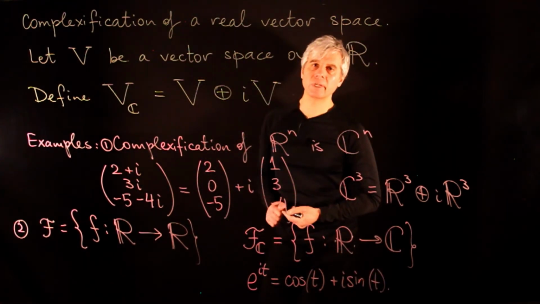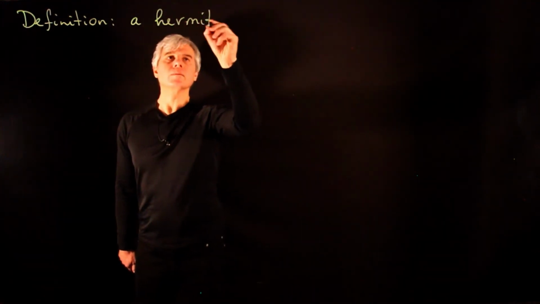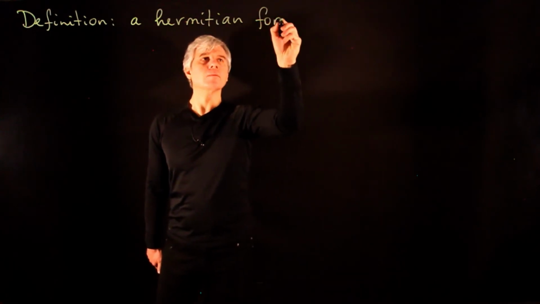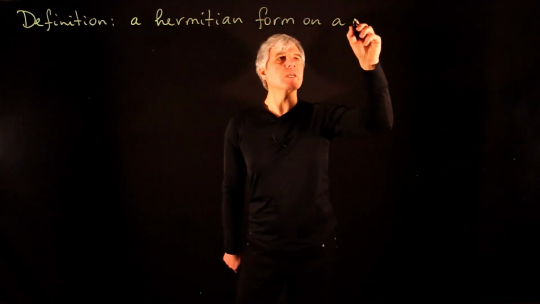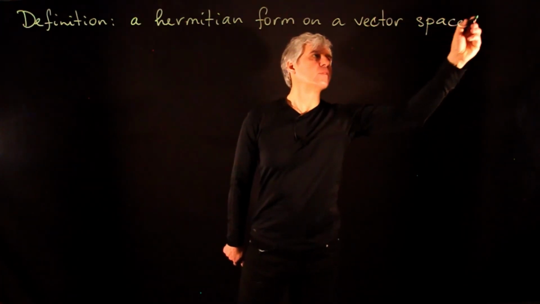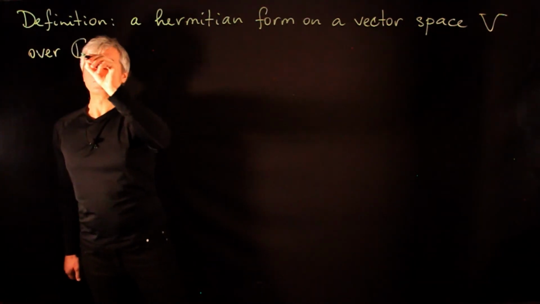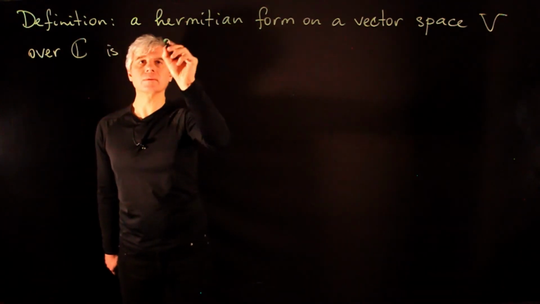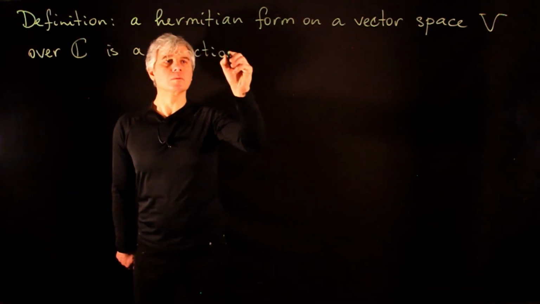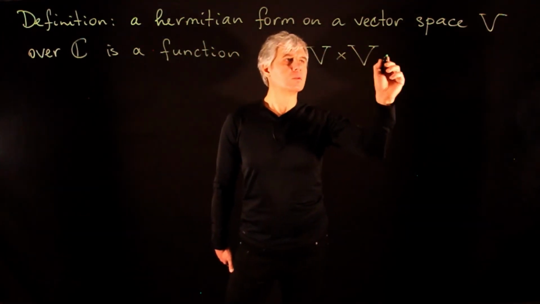Next, let us give a definition of a Hermitian form. Definition. A Hermitian form on a vector space V over a field of complex numbers is a function from V cross V to complex numbers.